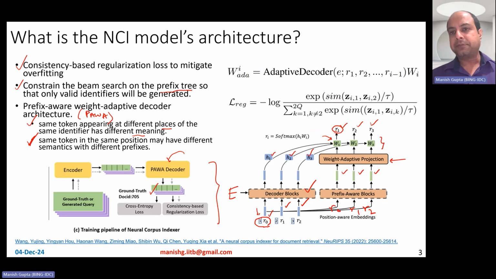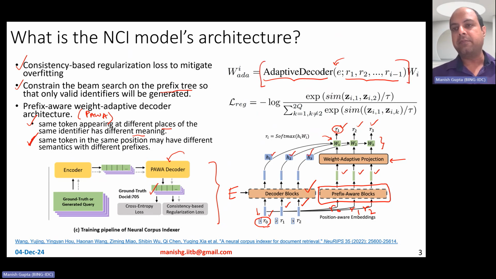In fact, this new transformer decoder block takes the query embedding and the representations of the previous predicted tokens, and comes up with the next token. The next token here is not really mentioned, but the bracket denotes the next token.